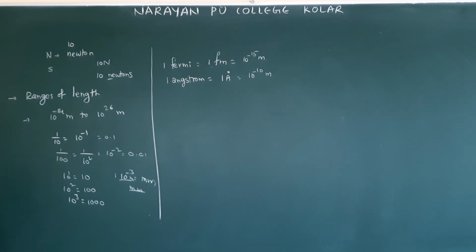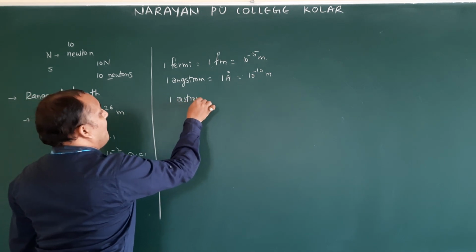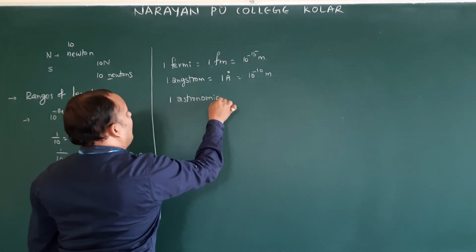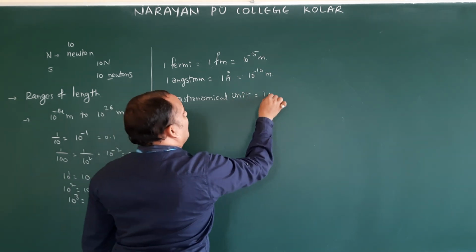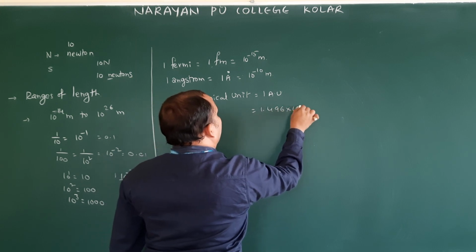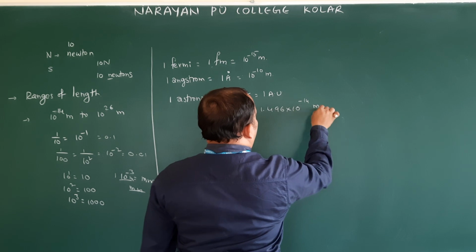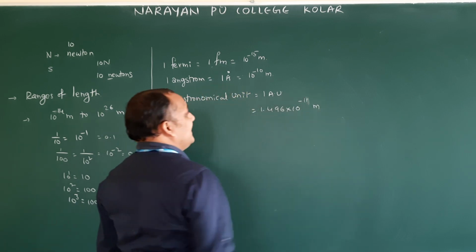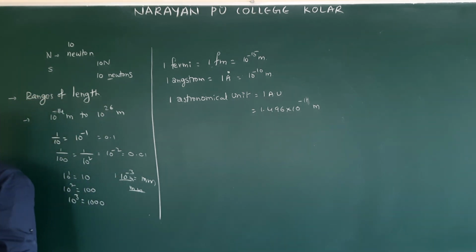Next one, 1 astronomical unit, 1 AU, is 1.496 into 10 power 11 meters.